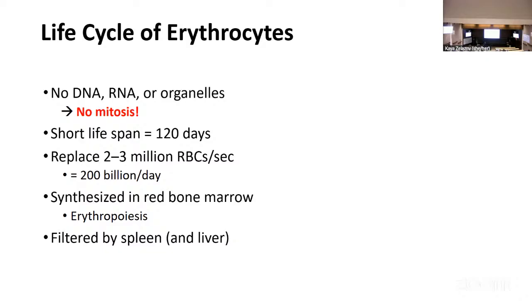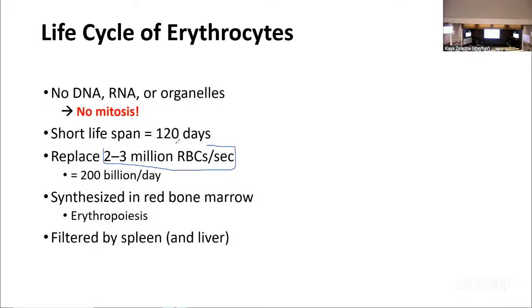On any given day, though, you're probably going to be replacing 2 or 3 million red blood cells per second because of how many red blood cells you have, right? So that's about 200 billion red blood cells per day that you're trying to take out of the bloodstream and get rid of, as well as making new ones.